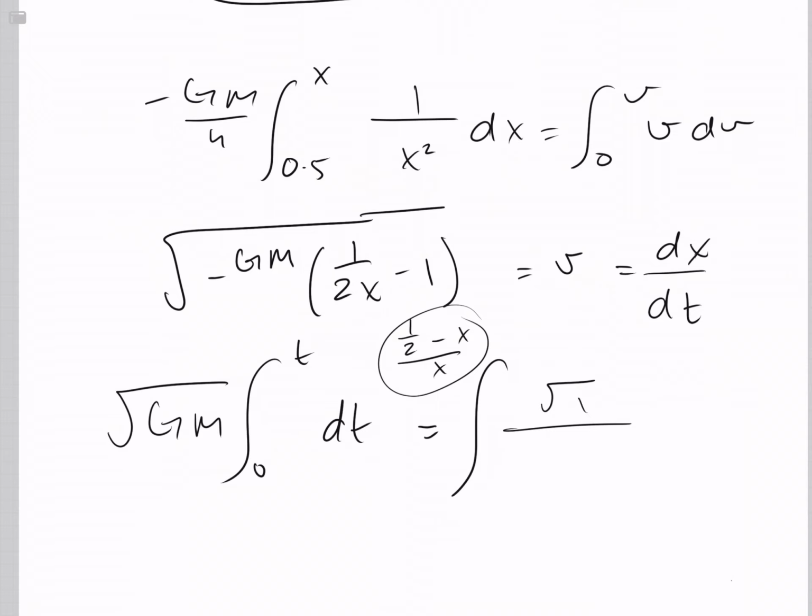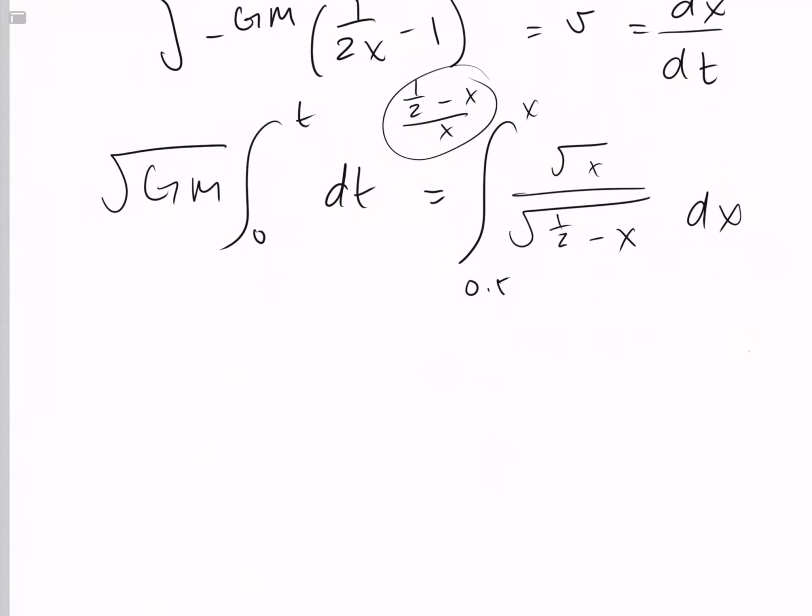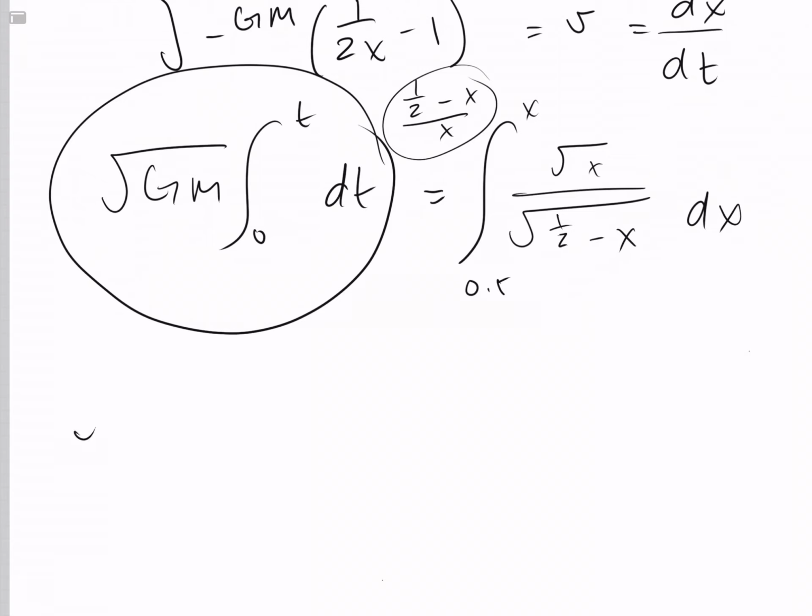We flipped it and moved it to the other side, dx, and this is from 0.5 to x. Integrating this side is very easy. You just get Gm times t.